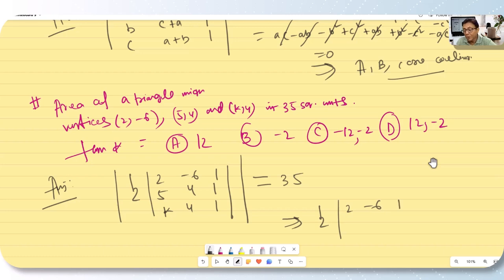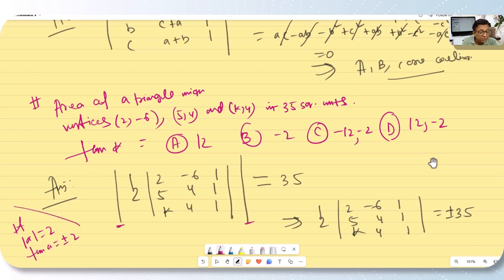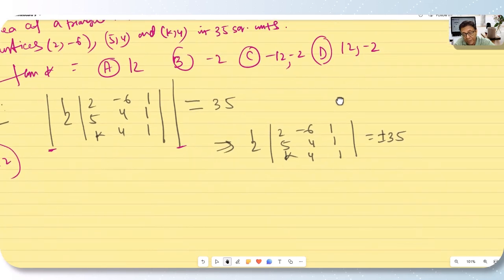So the determinant equals plus minus 35. Why? Because I have removed the mod sign. If mod A equal to 2, then A equal to plus minus 2. It is something like that. So now by expanding, let us find the value of K. I have to take both plus and minus. I am doing this sum for that reason, otherwise you will be wrong.